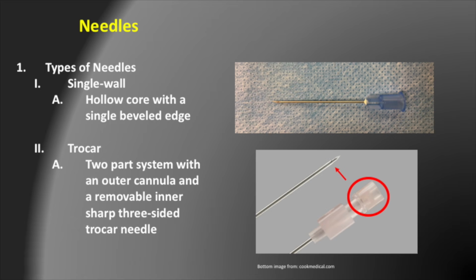Here you can see the interface between the blunt cannula, and then through that is the sharp three-sided trocar needle. On the bottom of that is a red circle. So if you twist this part of the system and pull backwards, you'll actually pull out the sharp three-sided trocar needle, and then just the blunt outer cannula will remain in place.